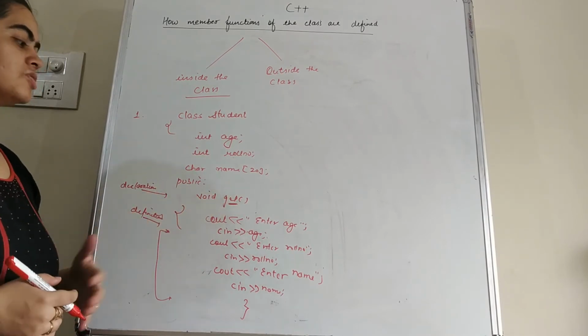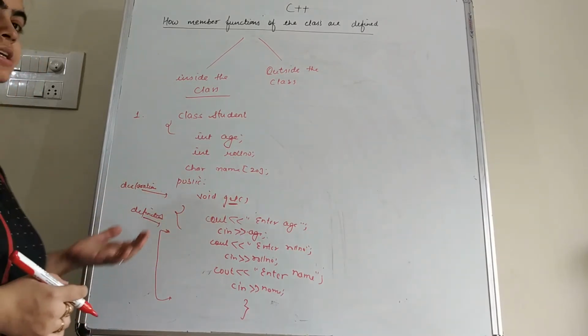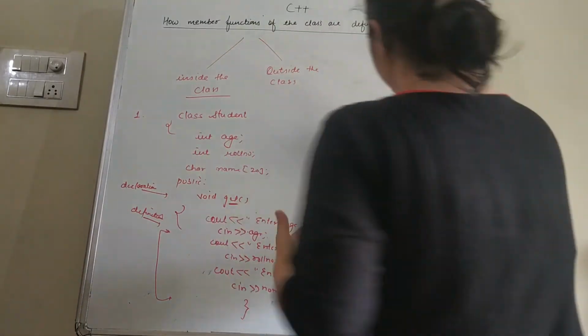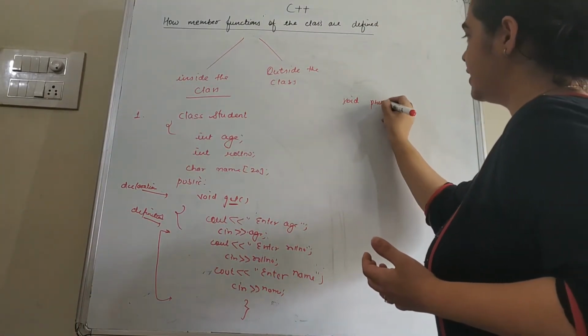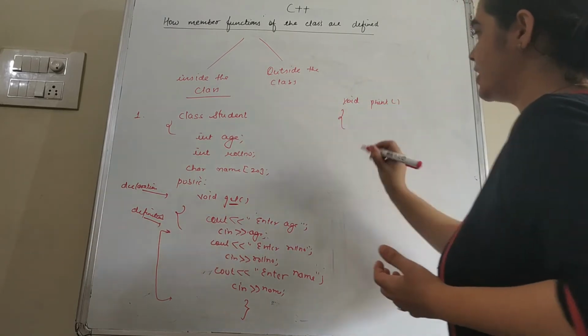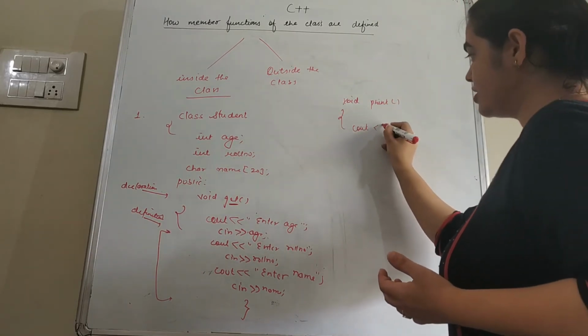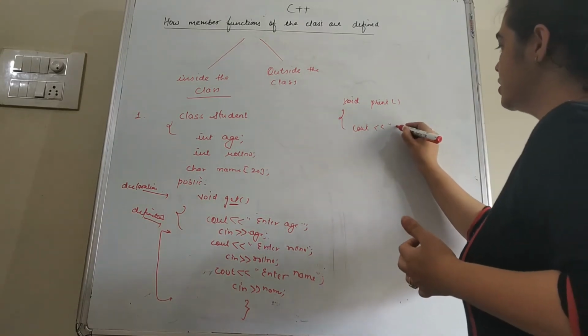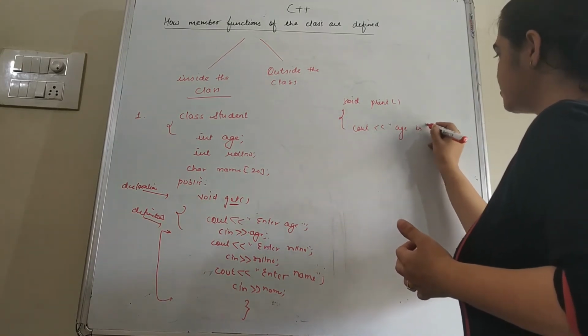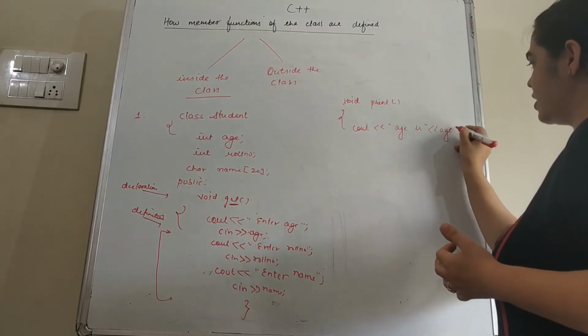After get function, now we have another function, that is print function. So again, next function we can start void print, and in print we can write cout. Now we have to display these values on the output screen. So cout age is, and age is in which variable? Age variable.